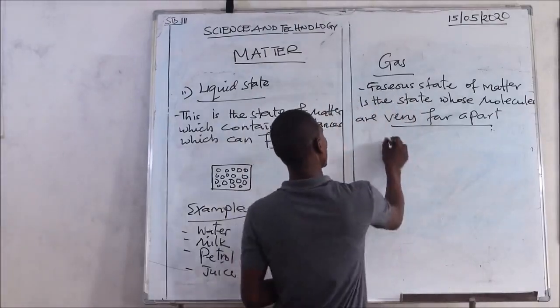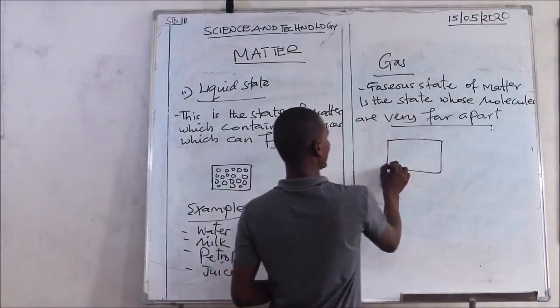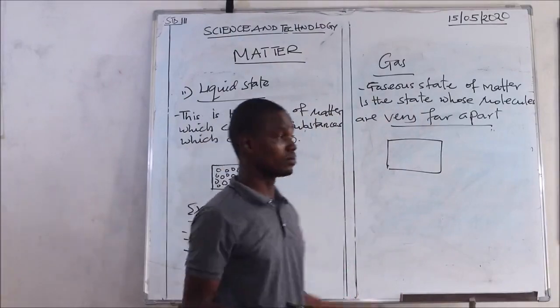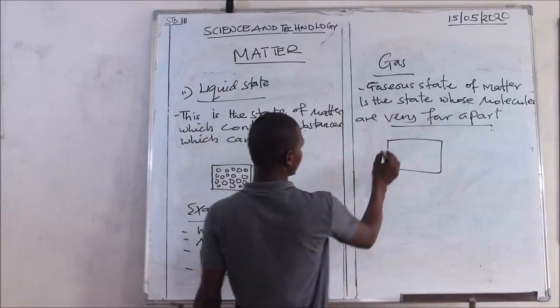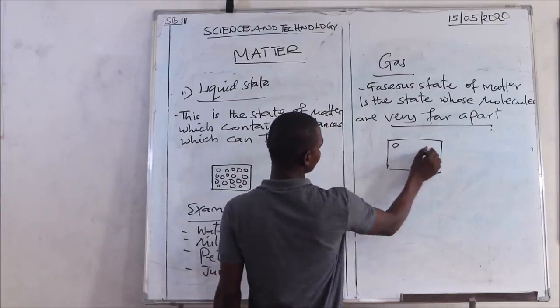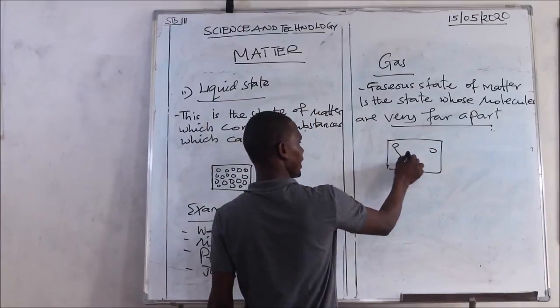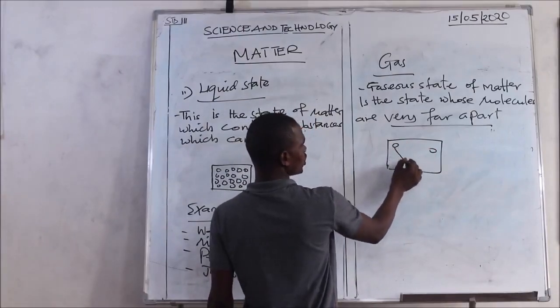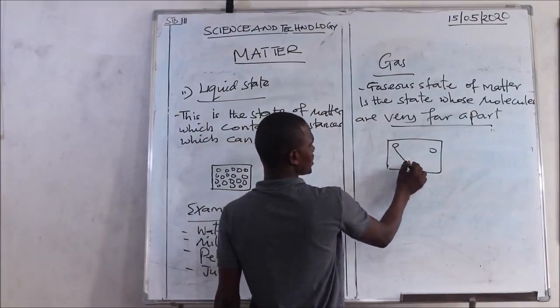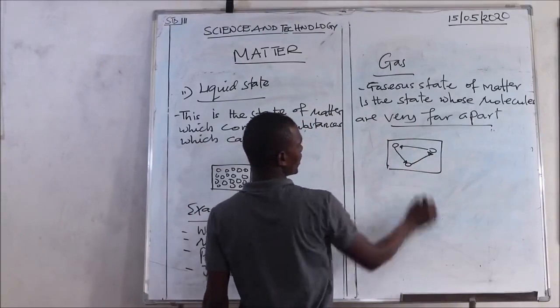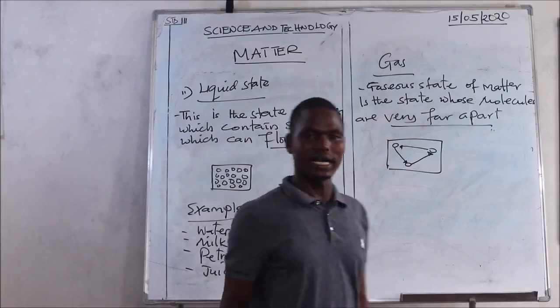Let me just draw a simple diagram which can show us how molecules in gas behave, or how they are situated. So you can see, even this distance from one molecule to the other molecule, and from this molecule to this molecule, and from this molecule back to the other molecule, they are very far apart.